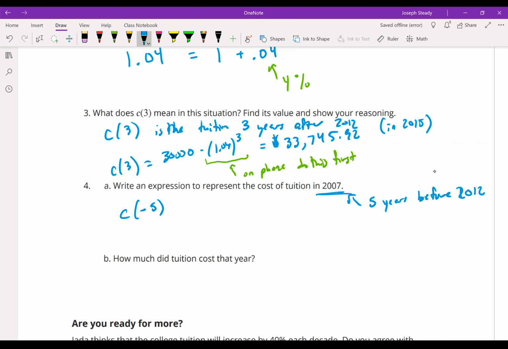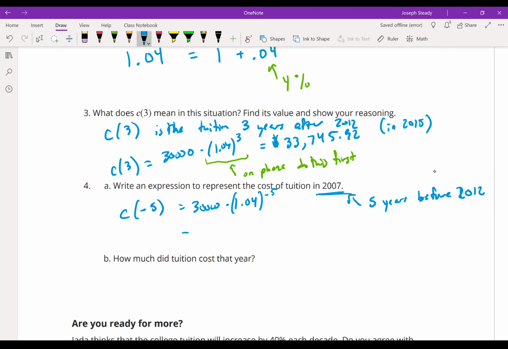In other words, what was the cost 5 years ago? Which is going to be 30,000 times 1.04 to the -5 exponent. And again, you can do this on a calculator, and if you're doing this on a phone, make sure you're doing the exponent first, then multiplying.